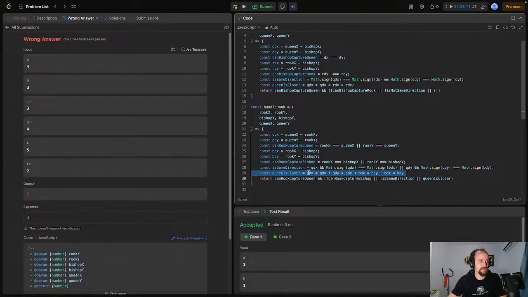I just don't want to figure out which of these have a value. I could do qdx, then QDX, otherwise QDY. And then do math.abs.